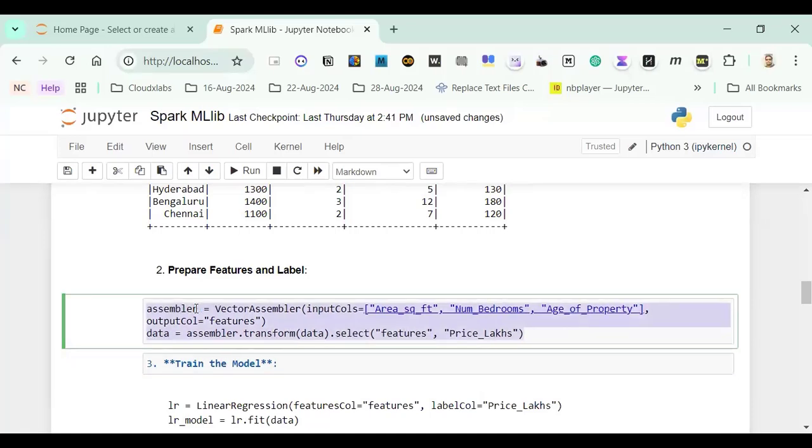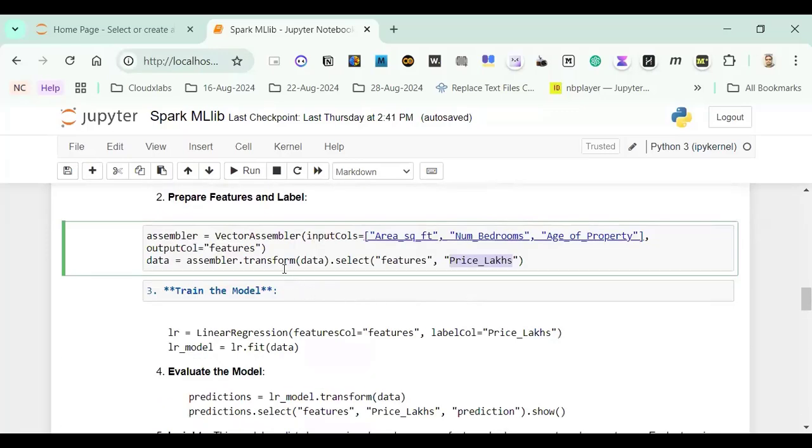Here I'm taking an assembler, the VectorAssembler like the module we loaded, and giving input columns, area and so on, but the output column we are giving is features. Now we are telling that price_lakhs is the last column, and storing it here.